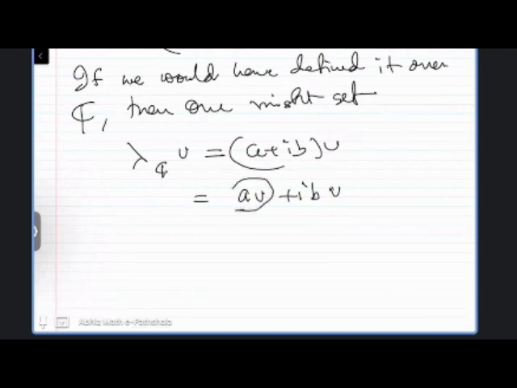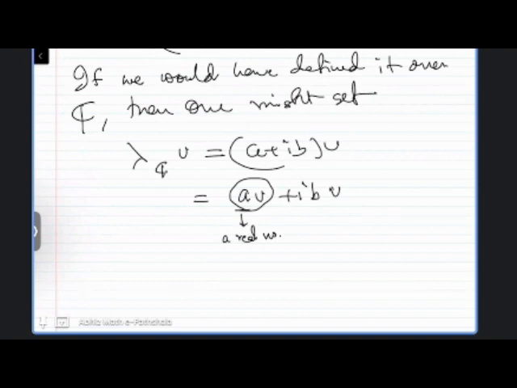Now here you have a meaning for av because a is a real number, and you have already considered the vector space over the field of reals. So you have the definition of scalar multiplication of any element of V by a real scalar.